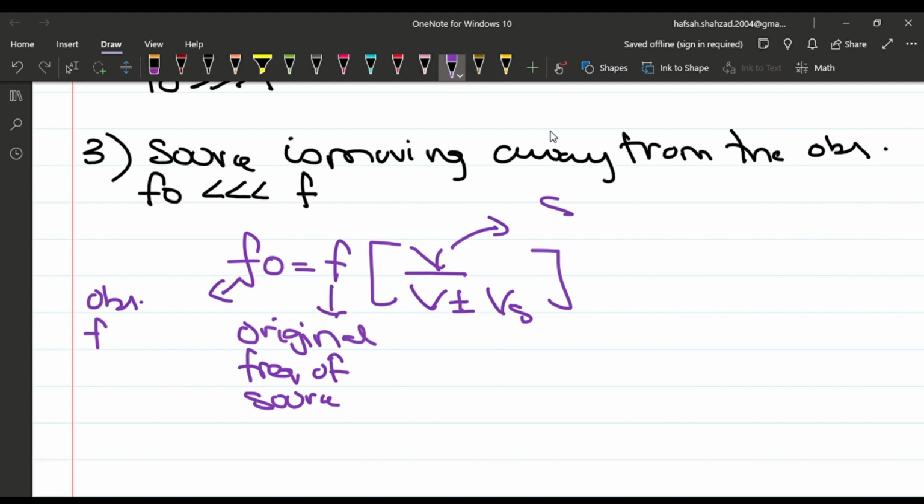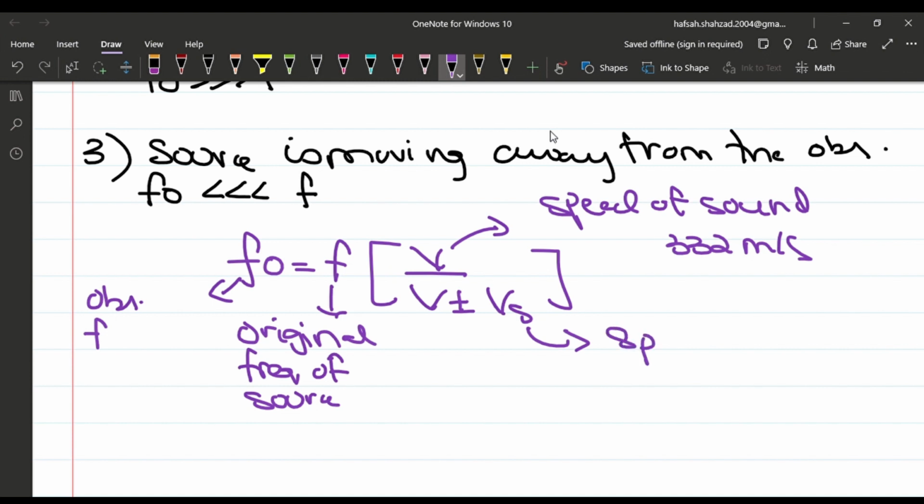f is the original frequency given off by the source. v is the speed of sound, which in normal cases is 332 meters per second, and vs is the speed of the source, by which it is moving towards the observer or away from the observer.